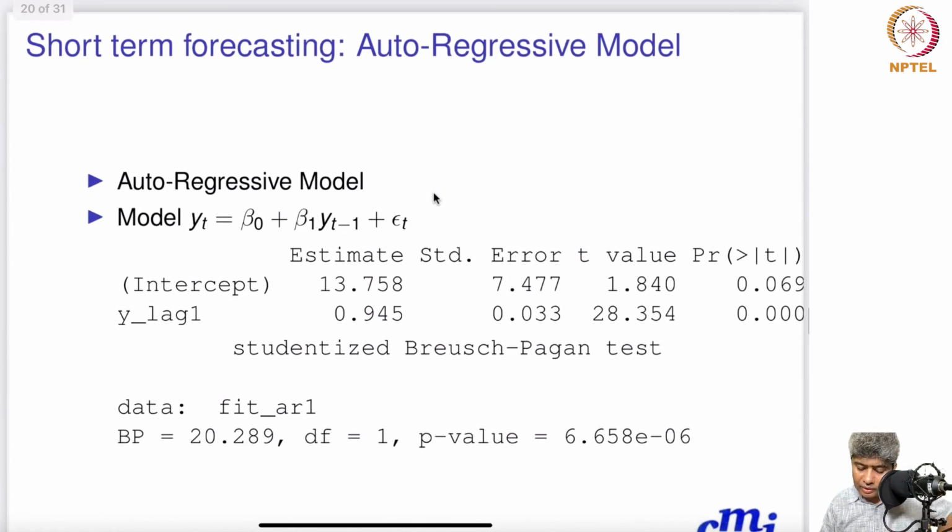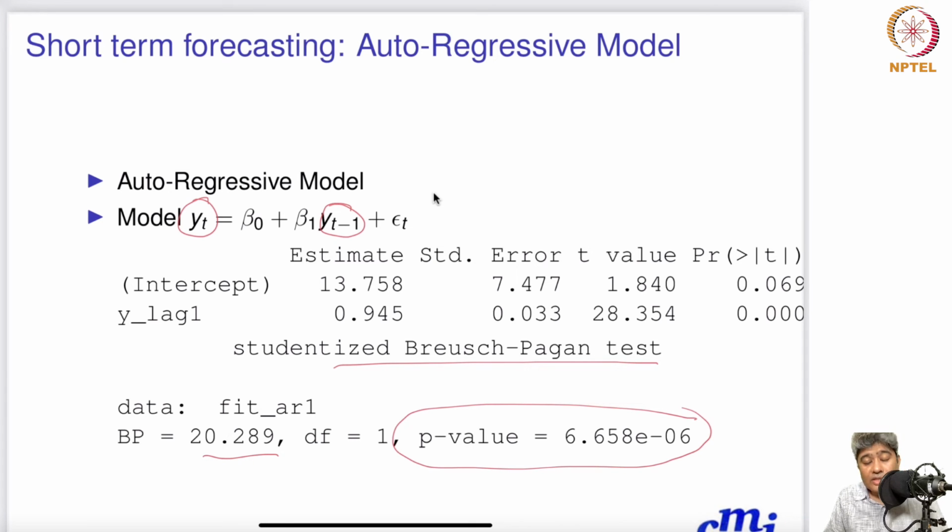And if you fit the autoregressive model of yt as a function of yt minus 1, after fitting the model, I did a Breusch-Pagan test on the residual, and the p-value is very small. I am not surprised the p-value is very small.